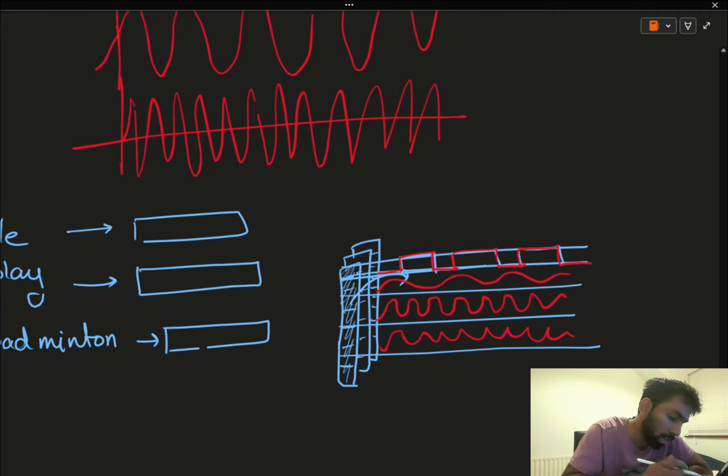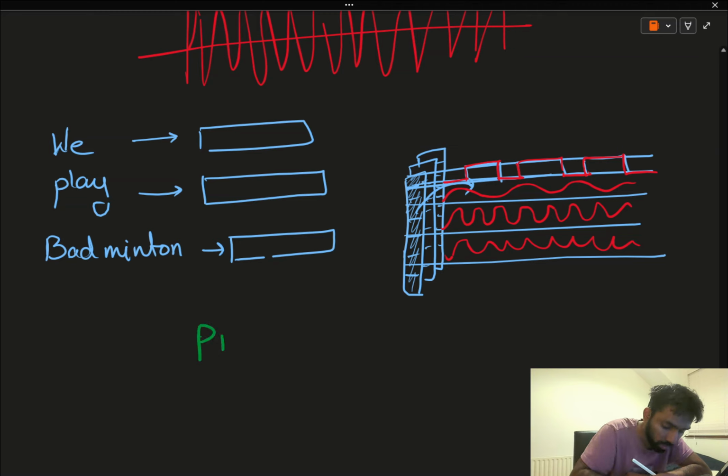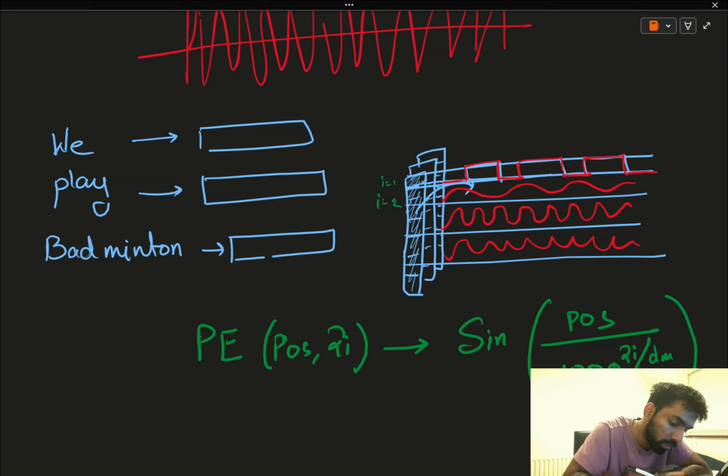To define the complete positional encoding, what we do is: positional encoding for a position at an even place is sine of the position divided by 10000 to the power 2i by the total number of dimensions, which is 512. i is the index, i is equal to 1, i is equal to 2, like that. i goes till 512. d is for now 512.